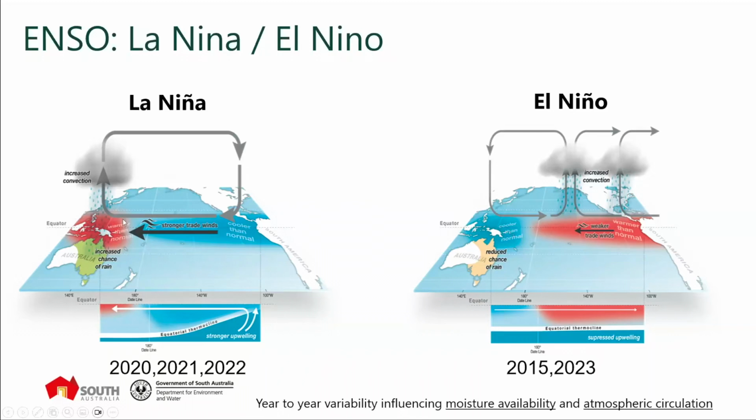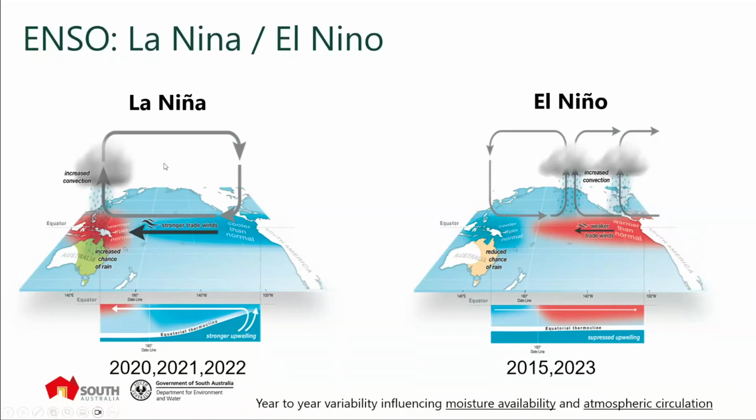In La Nina events, we get stronger trade winds, and the warm water warmed by the oceans piles up in the Pacific warm pool around Indonesia, the Philippines and Papua New Guinea. We get more moisture coming off the oceans into the atmosphere, and that can rise up and form into rain.